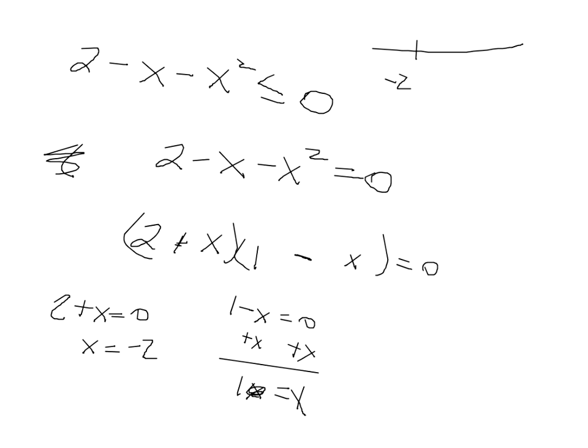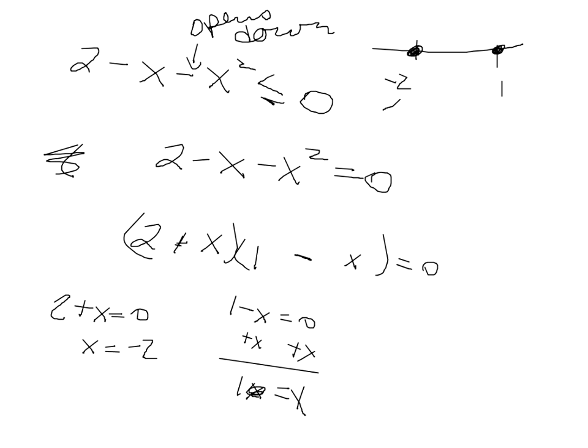So now I sketch a rough sketch. I have my intercepts marked at minus 2 and 1. It's going to be closed circles because it's less than or equal to. Now this parabola opens down because its coefficient is negative.